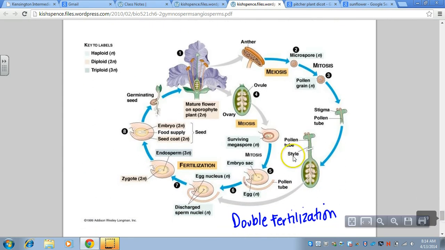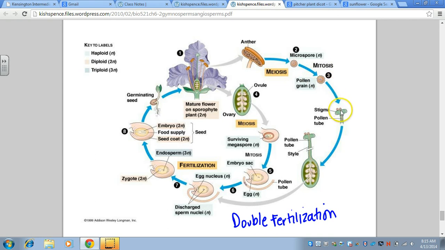And this is just another showing the same kind of thing. So inside of the ovule, meiosis will happen. So we get a megaspore, that is going to form the archegonium, or the female gametophyte that makes the egg. In the meantime, meiosis happens in the anthers to give microspores that are forming the pollen grains.